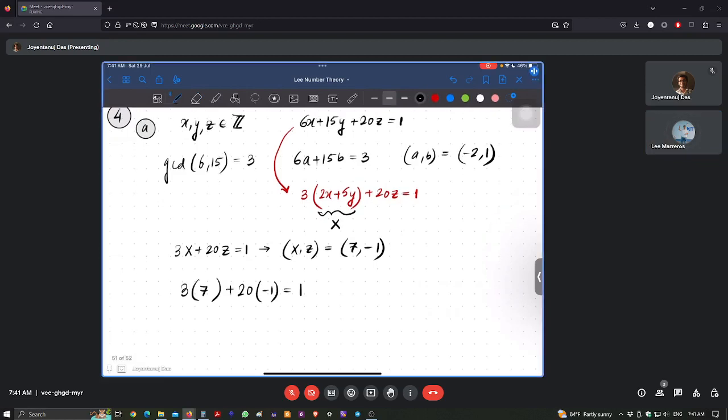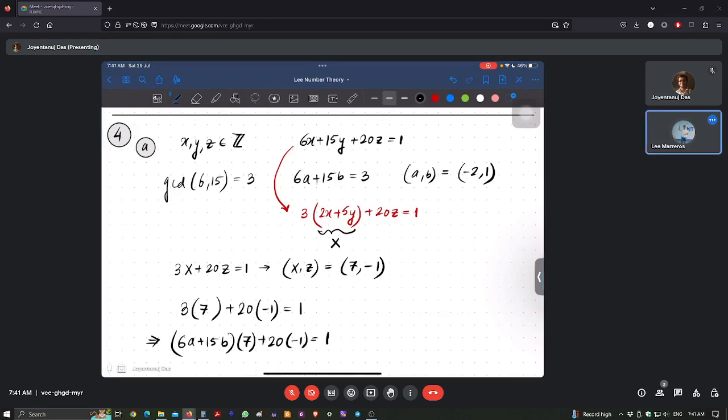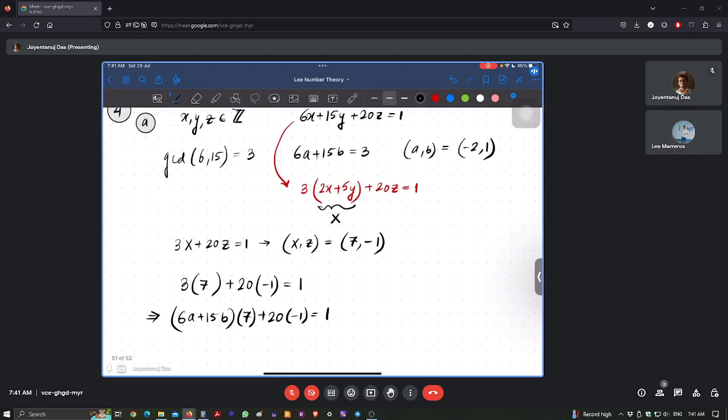Now 3 I can put back as 6a plus 15b, so (6a plus 15b) times 7, plus 20 times minus 1 is 1. We have a solution for a, b, that is minus 2 and 1. So 6 times minus 2 times 7 plus 15 times 1 times 7 plus 20 times minus 1 is 1.